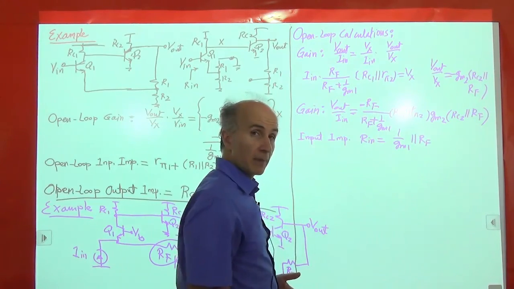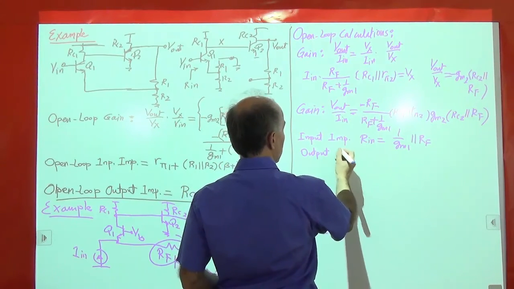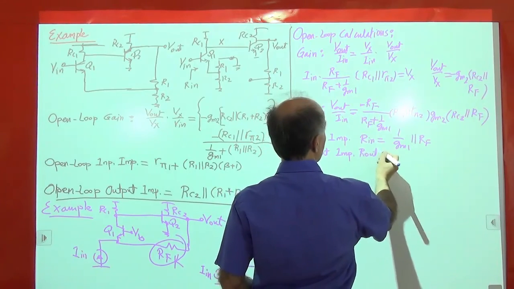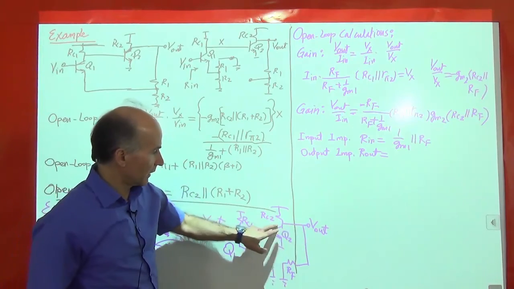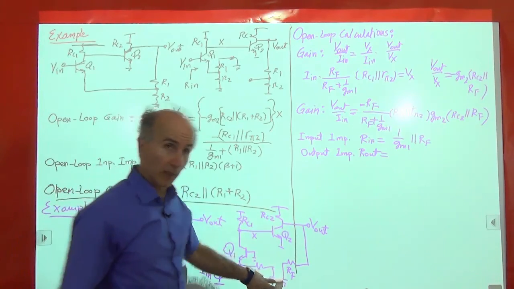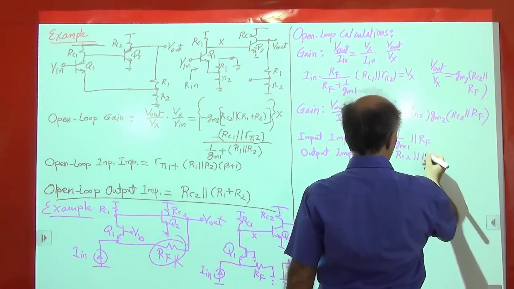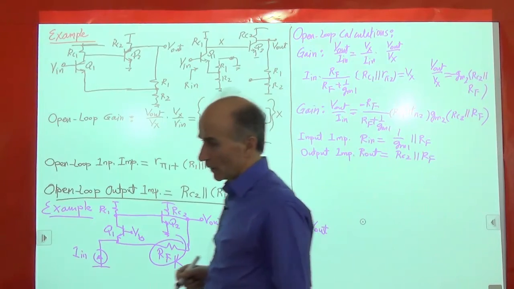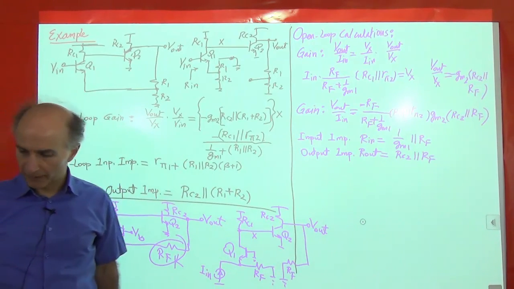And the output impedance R out: we are sitting here looking at this port here. We see RC2 to ground, RF to ground. So it's just RC2 in parallel with RF.